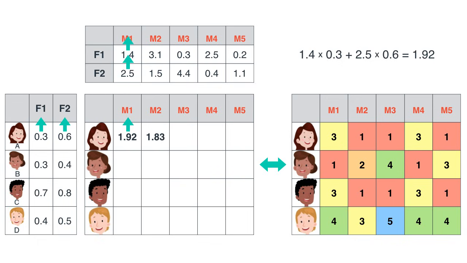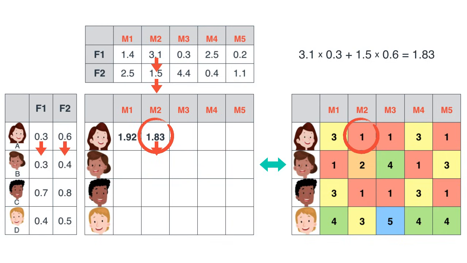The next entry now we calculated, and it's 1.83. We did the dot product of these new values. And 1.83, well, we're going to compare it to this 1 over here, and it turns out that it's too high. We want to get to a 1, and we have 1.83. So what do we do? Well, we need to decrease this. And to decrease this, we decrease the entries on top and the entries on the left.